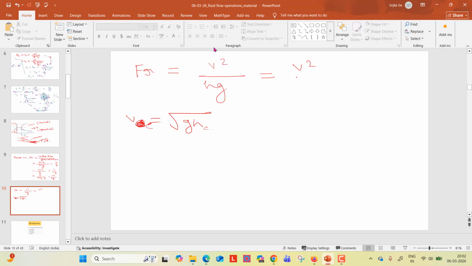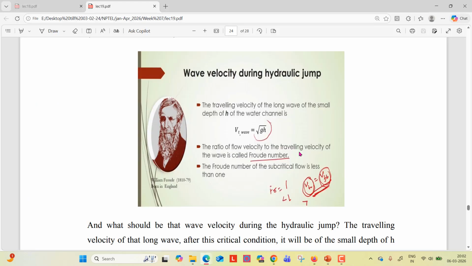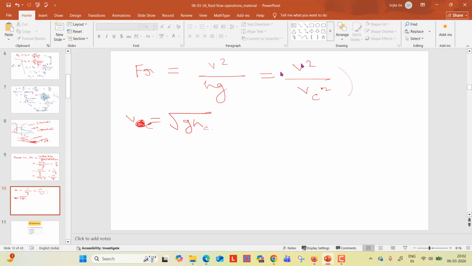From there you can say it is the vc square. So it is the ratio of the flow velocity to the traveling velocity of the wave. So it is the ratio of flow velocity by traveling velocity.